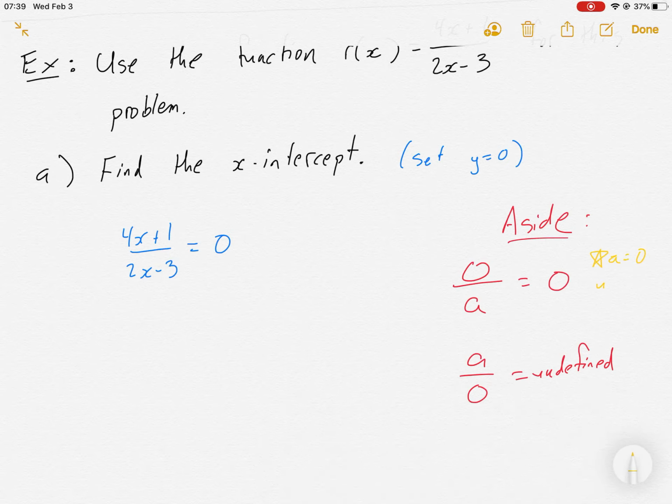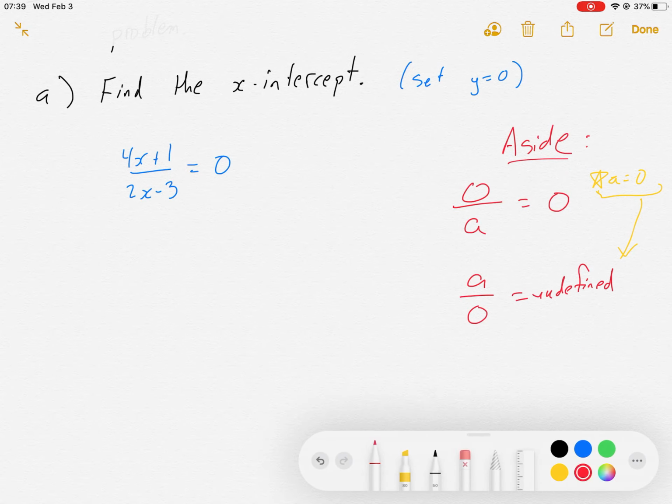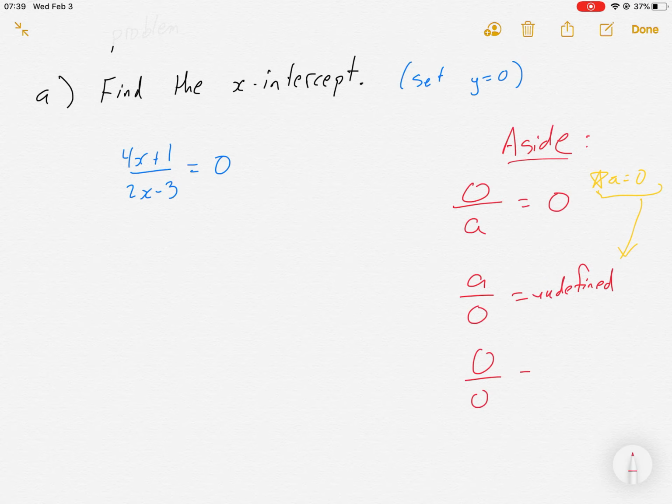This usually comes up in class. A question gets asked. If a is 0, well, then it's undefined. 0 over 0 is also undefined. So the point of this is we don't need to worry about, for now, this will come up later, 2x minus 3 equaling 0.